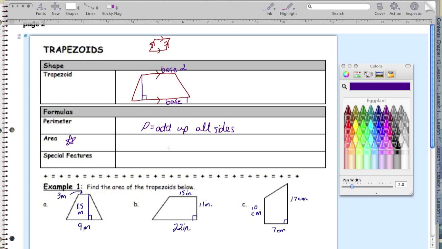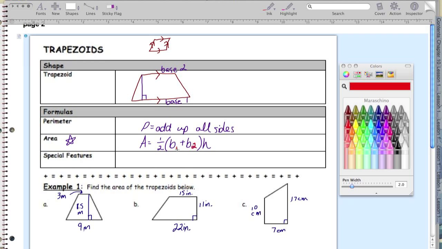Now for the area of a trapezoid, it's going to be 1/2 times (base 1 plus base 2), close parentheses, times the height. Now there's a lot there, but I want to focus on a few things. We put these little marks down here, 1 and 2. I didn't put them up above because it'd look like exponents. We don't want to put them in the front because it'd look like coefficients.